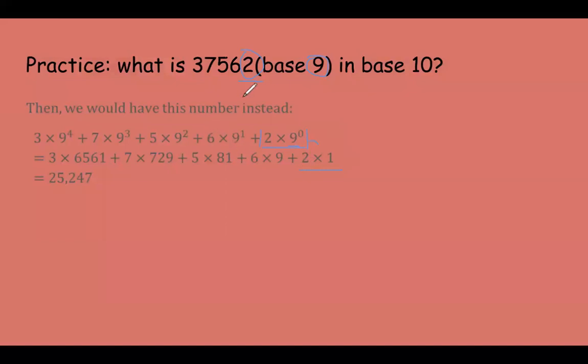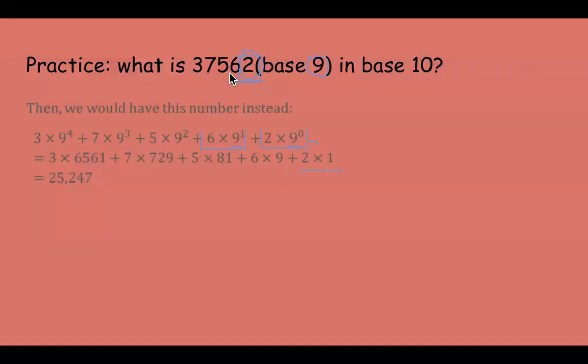After we got the result of what the first digit means, we then move on to the second, the third, the fourth, and the fifth digit, and we repeat this operation by multiplying each digit by 9 to the power of something.